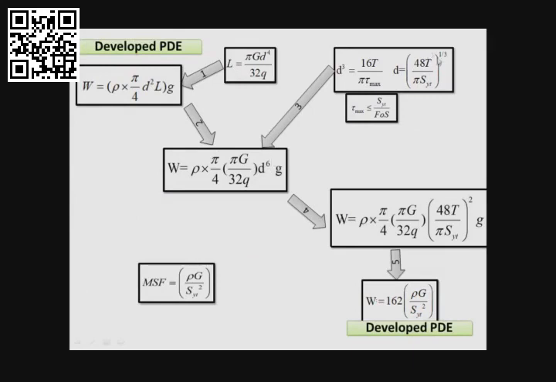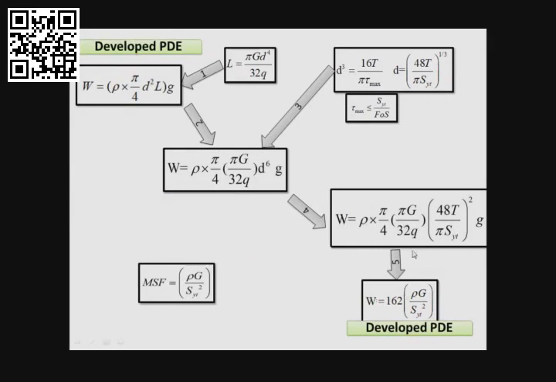So substitute the value of d here, d raised to 6, and this 1 by 3 will become square, 48 into T divided by pi into S by T square. The remaining parameters will be as they are, and G as it is. Just substitute the value of d in this equation, and we will get this equation.